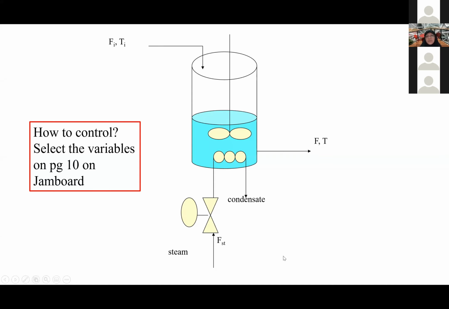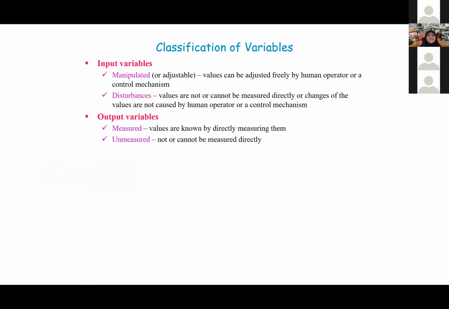Okay, now, next page. Once you want to classify, we have classified just now the manipulated variable. Remember, do not mix the manipulated variable up with the control variable. The manipulated variable is a variable that we can adjust. That's why the manipulated variable in chemical processes is usually where the control valve is.